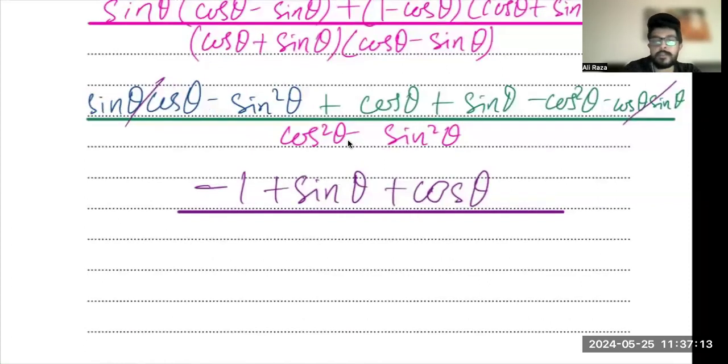We have minus 1 plus sin theta plus cos theta. Now in the denominator, we can replace cos square theta with 1 minus sin square. So this becomes 1 minus 2 sine squared theta.